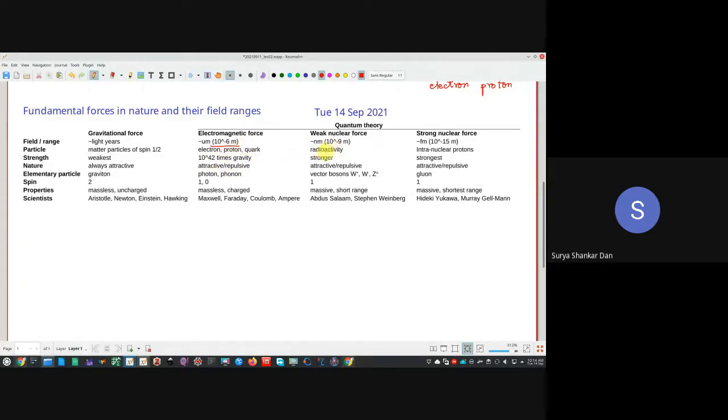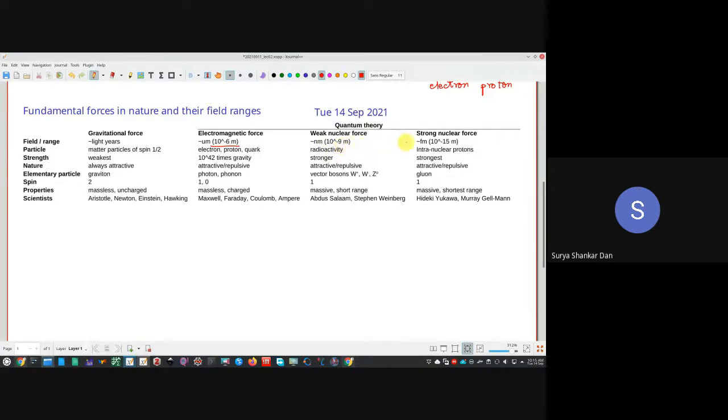Now, 10 power minus 9 meters. This order is not exactly in the domain of atomic structure, because atomic structures will be essentially angstrom unit, that is 0.1 nanometers order. If we think about 8 or 10 atoms arranged in a single layer, then you will essentially encounter this kind of a dimension.